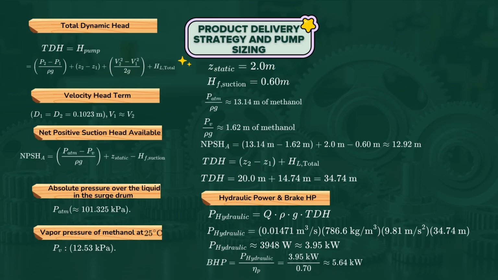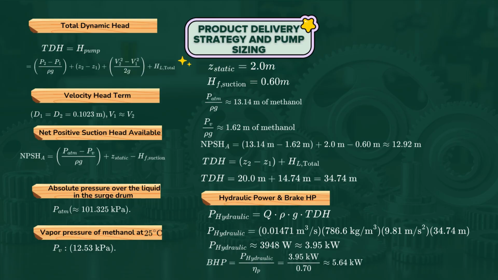The substantial calculated NPSH of 12.92 meter confirms that placing the pump 2 meter below the minimal liquid level of the surge drum provides a massive safety margin. This approach prioritizes static head over pressure head in the suction calculation, effectively mitigating the risk of cavitation despite methanol's intrinsic volatility. For highly hazardous and volatile fluids, maintaining a large margin between NPSH available and the required NPSH is a critical safety parameter.